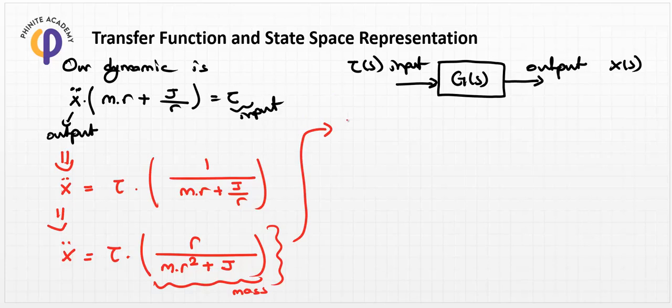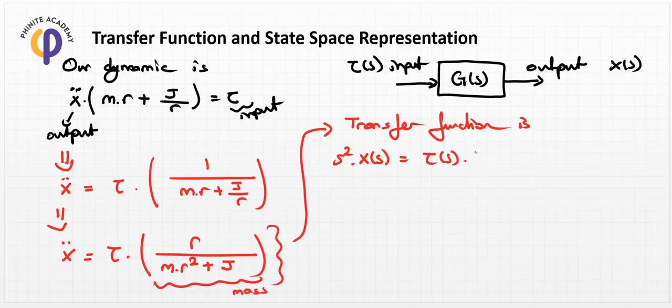So what about the transfer function? For this system, s square times X(s) must be equal to T(s) times r divided by (m r square plus j). This is our representation form. So what about G(s)?